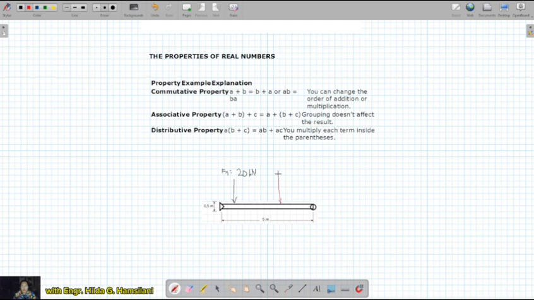We call it F2, and this is equivalent to 15 kilonewtons. Now, using the properties of real numbers, we can say that the total load is 20 + 15, or we can say 15 + 20. So this is the use of the commutative property.